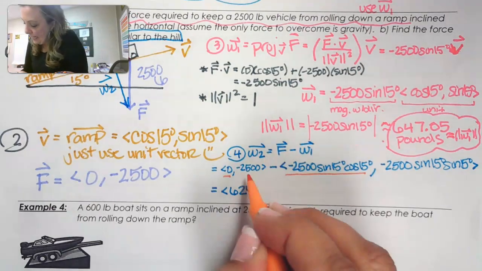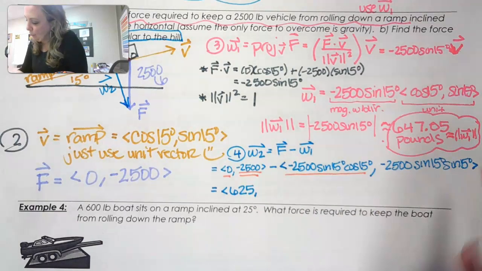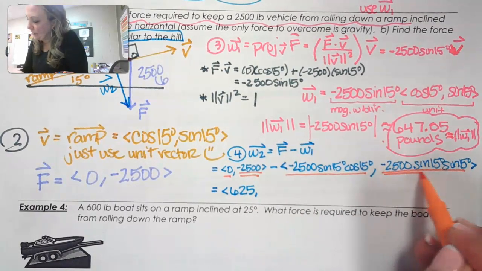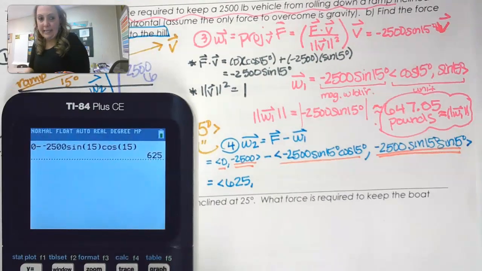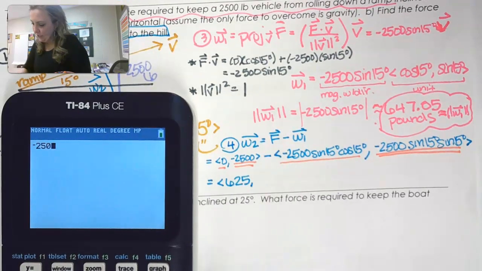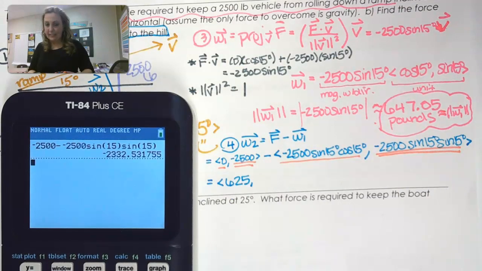Now I'm going to take negative 2,500 and subtract this vertical component. So I'm going to take negative 2,500 minus negative 2,500 sine 15 degrees sine 15 degrees.